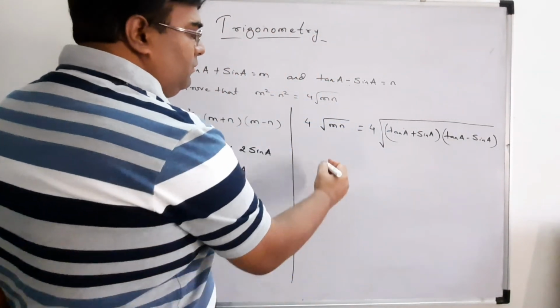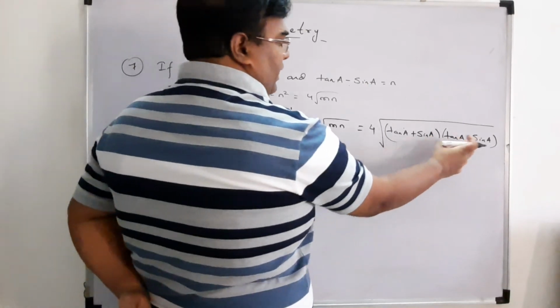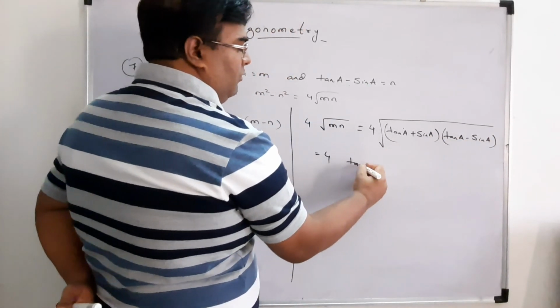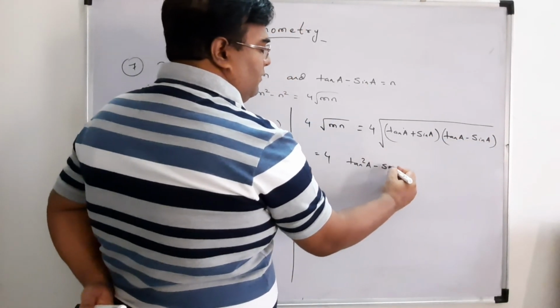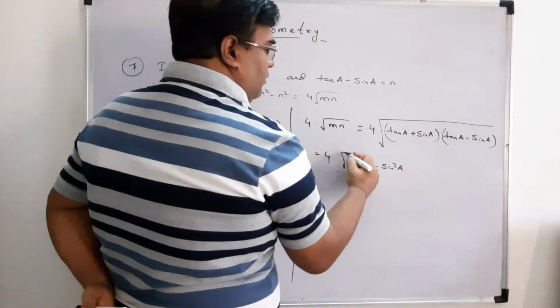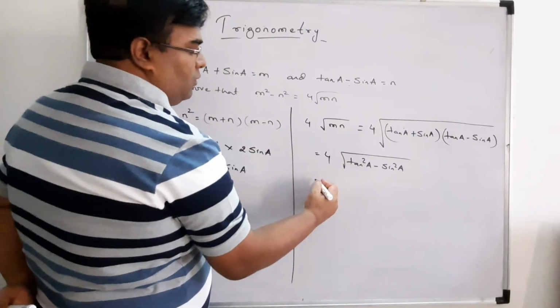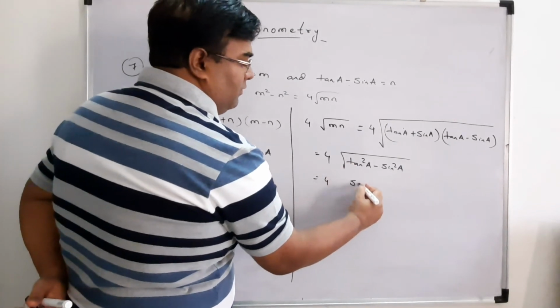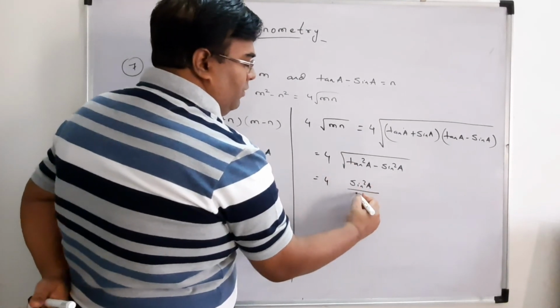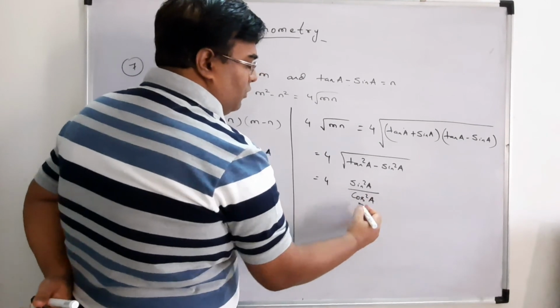Correct? This will give me A plus B, A minus B in the form of tan square A minus sin square A. Right? If you write tan square A as sin square A upon cos square A.